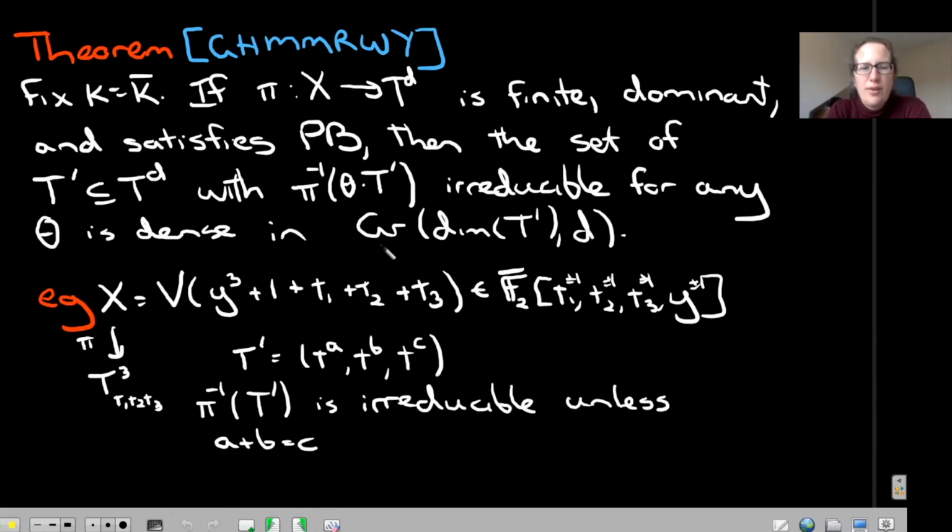So how do I want to think about the space of all tori? Well, one way is, this is an intrinsically discrete set of data, but I can think about this as rational points in this Grassmannian.